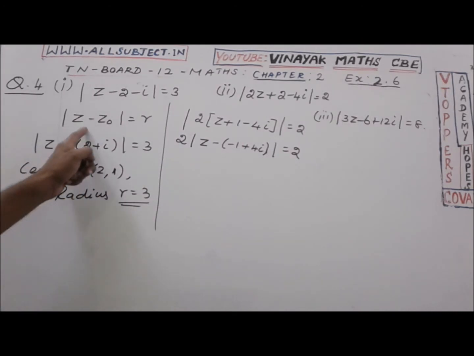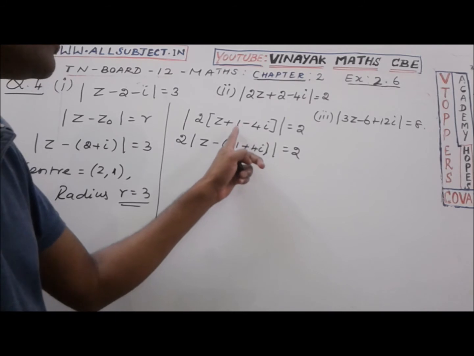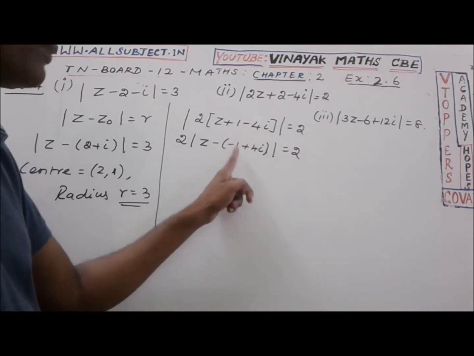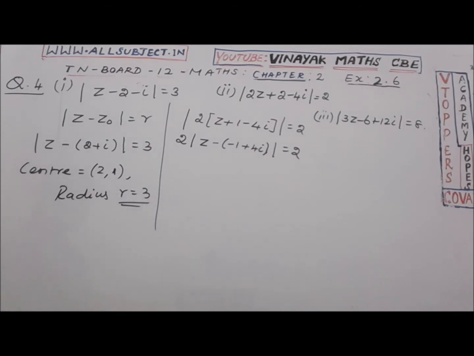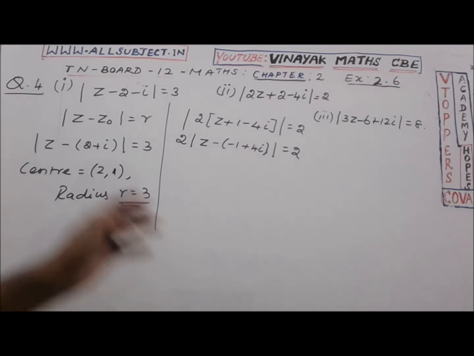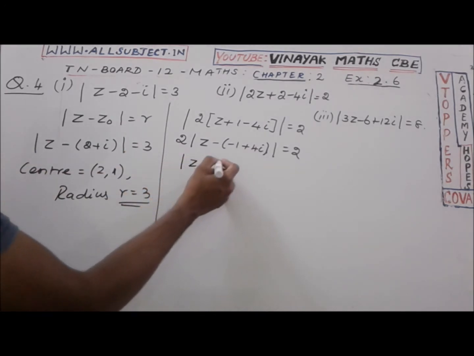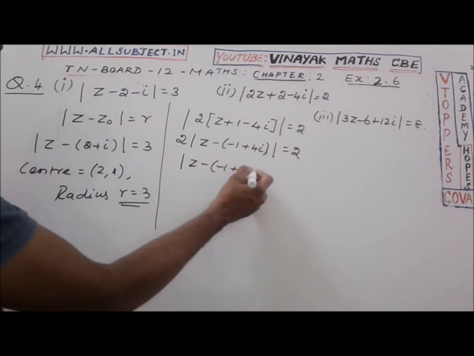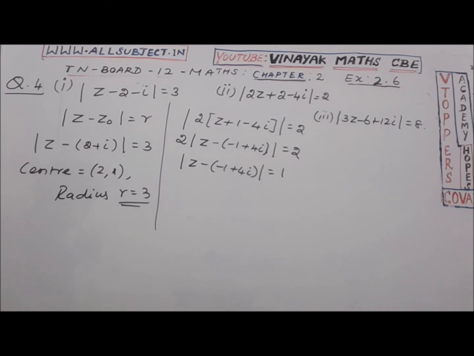In order to write z minus z naught, I have taken minus as common from these two terms. So when we multiply inside, we get plus 1 minus 4i. So taking minus out, we get z minus of minus 1 plus 4i equal to 2. Now dividing the equation by 2, we get modulus of z minus of minus 1 plus 4i equal to 1.